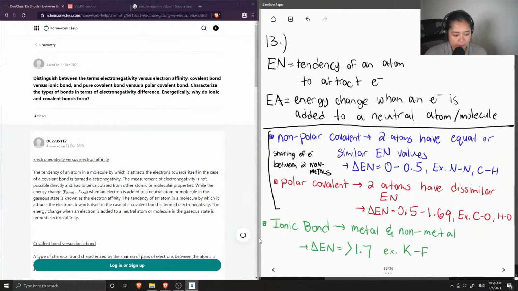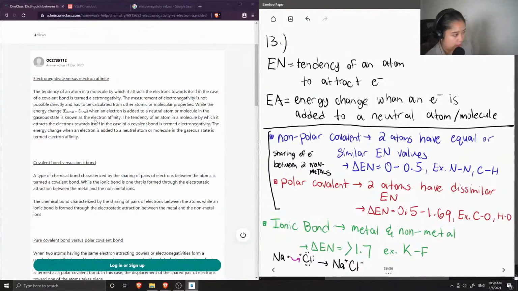Let's say we had a sodium that has one valence electron, and we have a chlorine that has 7. The sodium donates its electron to the chlorine, and this is how sodium chloride is formed. So sodium has a positive charge and the chlorine has a negative charge, and this is what forms the ionic bond.